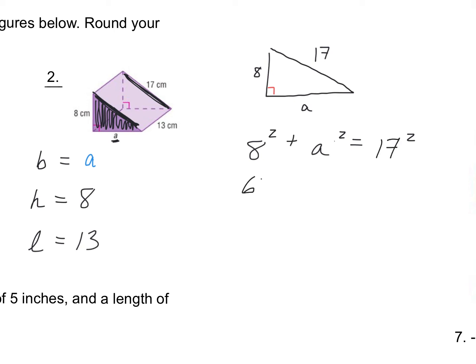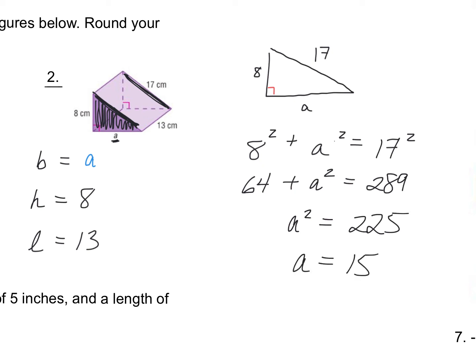So after I square my terms, we end up with 64 plus A squared equals 289, and I end up with A squared equals 225. So it looks like A, after I take the square root, is going to be 15. So I can go back to my original picture, and now I know my base is actually 15.